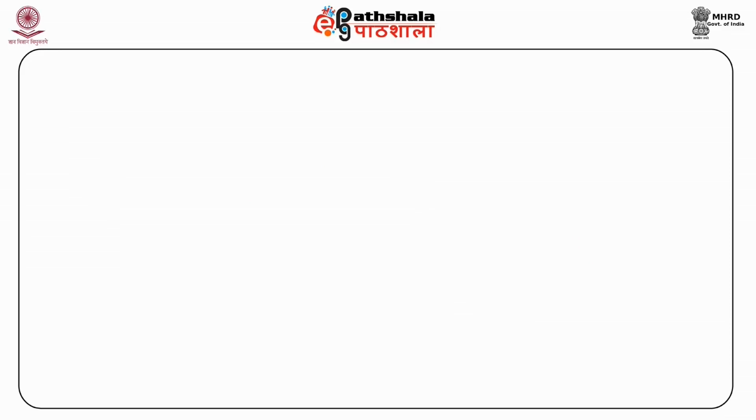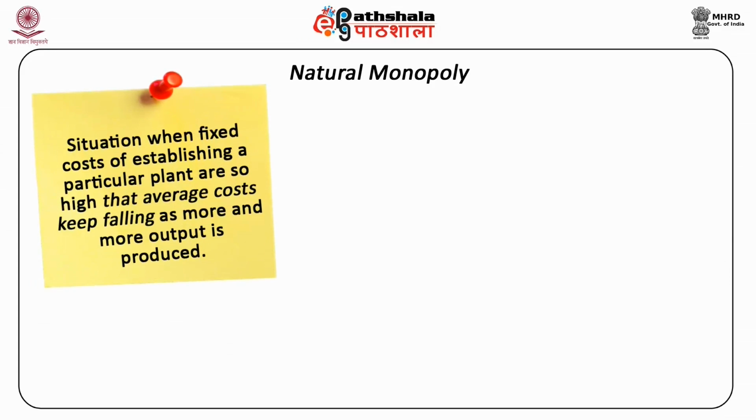The first component under non-institutional barriers is natural monopoly. Natural monopoly may be defined as a situation when the fixed costs of establishing a particular plant are so high that average costs keep falling as more and more output is produced.